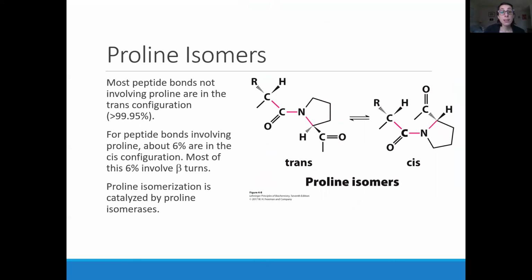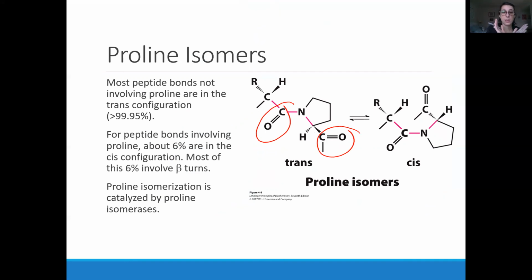Now, proline can exist in two potential isomers, and we call it the cis versus trans isomer of proline. The cis versus trans isomer of proline has to do with the bordering carbonyls. You can think of where their positioning is in relation to the proline.